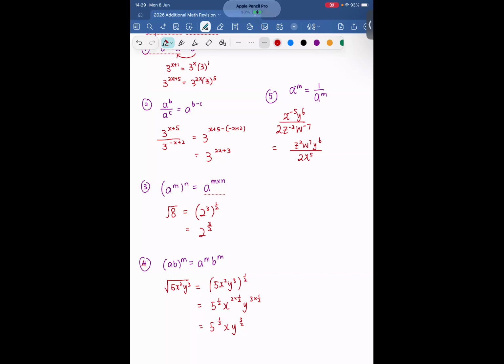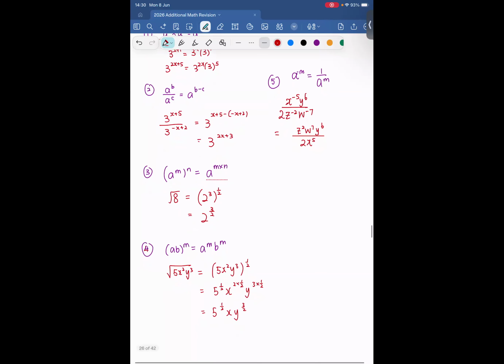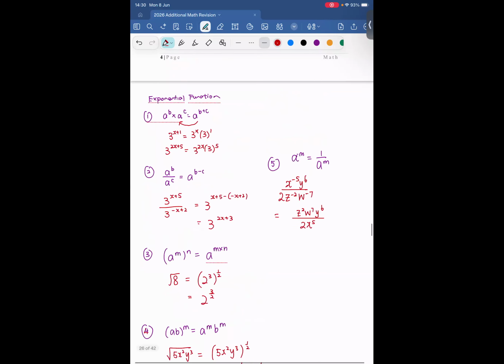Once you change the position from numerator to denominator, denominator to numerator, the power will change sign. All that. Okay, so let's take a look at some questions.